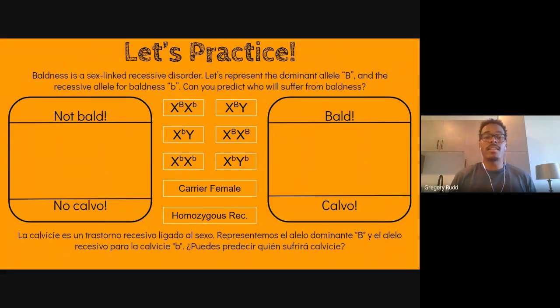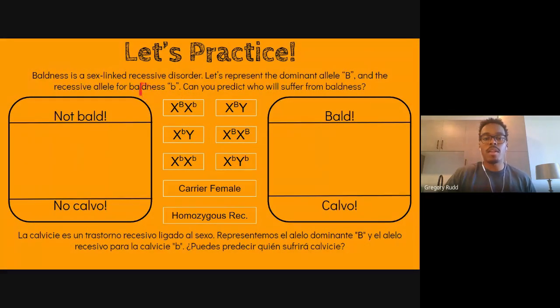So baldness is a sex-linked recessive disorder. If we represent the dominant allele with a capital B and the recessive allele for baldness with a lowercase b, can you predict who will suffer from baldness? People who have the lowercase recessive b might be bald, right?